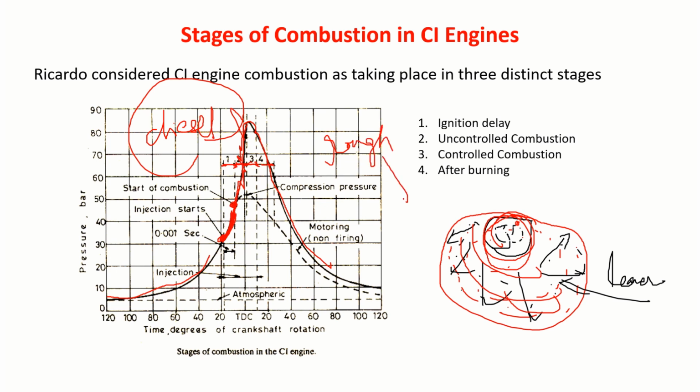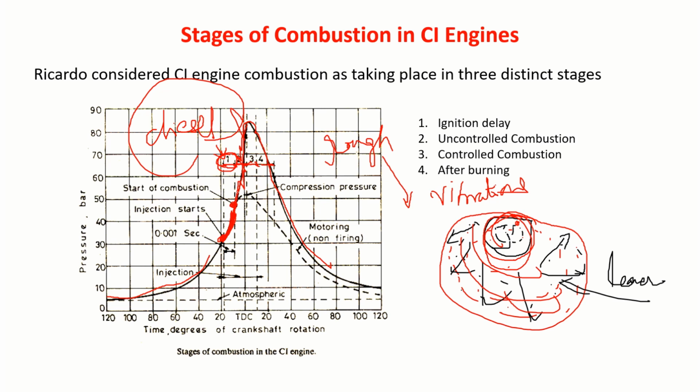If the engine is mounted on a vehicle, then the vehicle will be subjected to unnecessary vibrations. So what we have to do is not allow too much fuel to get accumulated. That means we should see to it that the ignition delay is as short as possible. So we have to identify the factors which influence this ignition delay and reduce it.